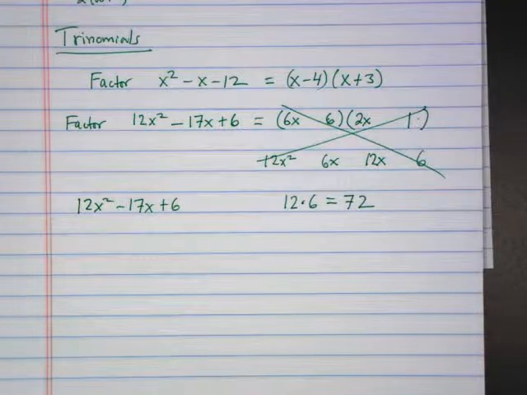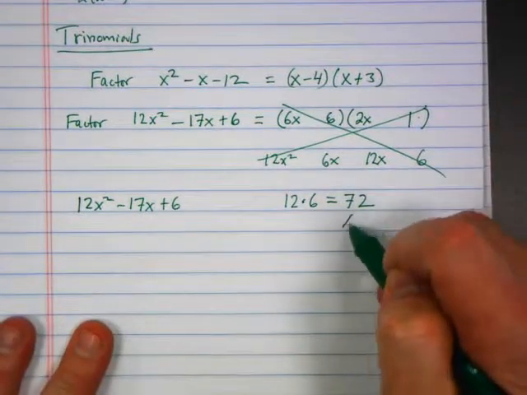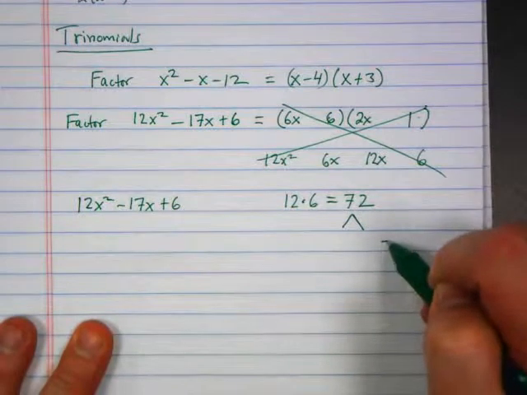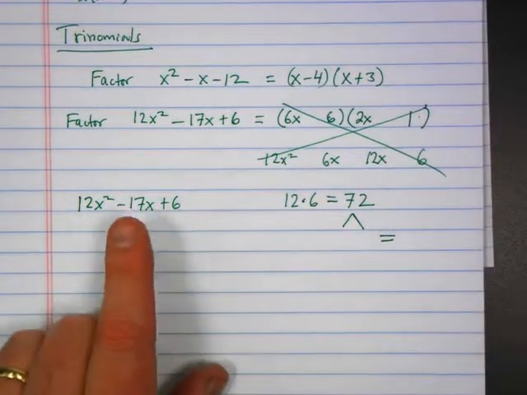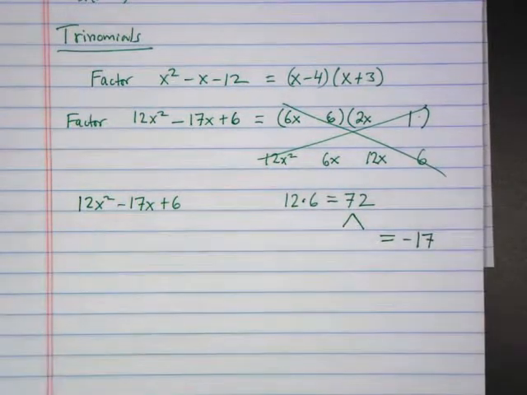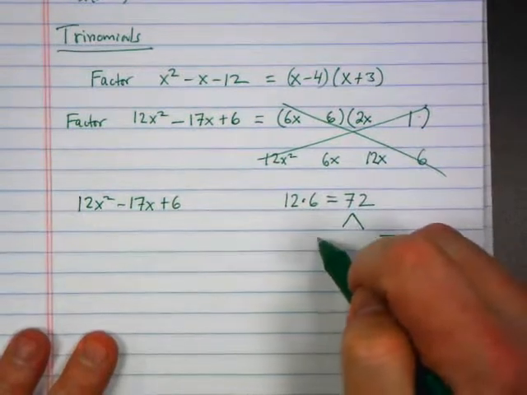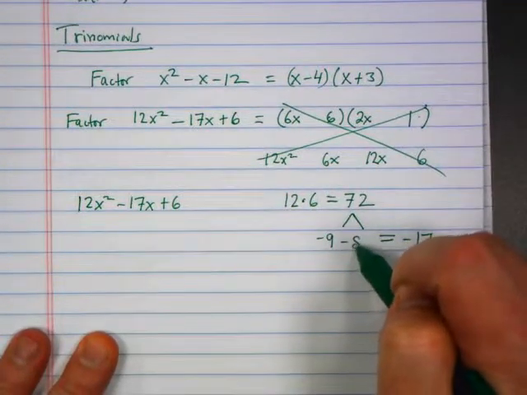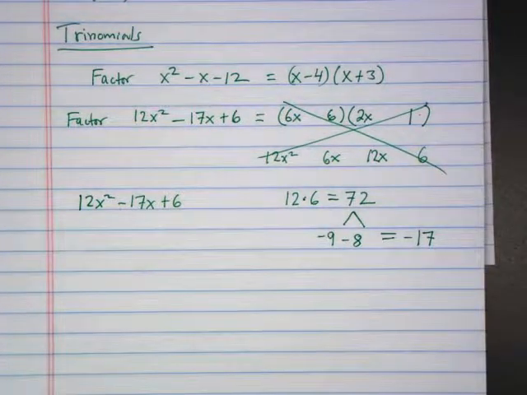What you need to do now is factor the number 72 so that the numbers add up to the one in the middle. Negative 9 and negative 8 will work. Negative 9 times negative 8 does give us 72, and negative 9 minus 8 adds up to negative 17.